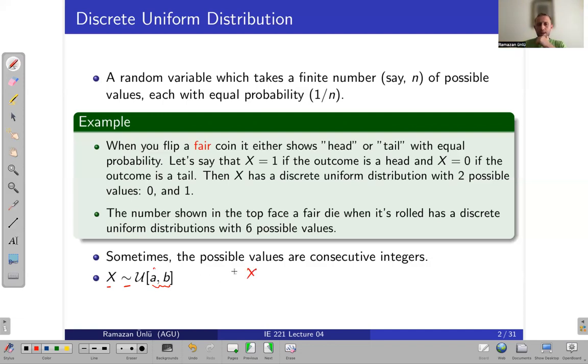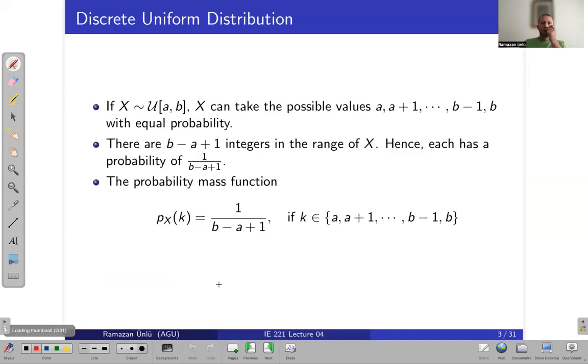So X will be greater than or equal to A and less than or equal to B. X can take any value in this range, and these values will be integers. So if X has a uniform distribution with the parameters A and B, X can take the possible values A, A plus 1, A plus 2, until B minus 1 and B, with equal probability.